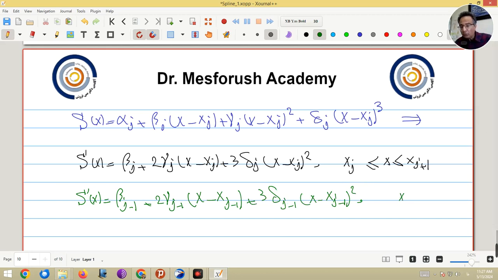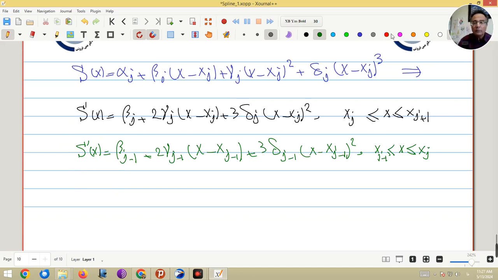This is true for all x between xj minus 1 and xj. Okay? But if you compute s prime of xj from any of these two forms, we have to have, in fact, a unique value.